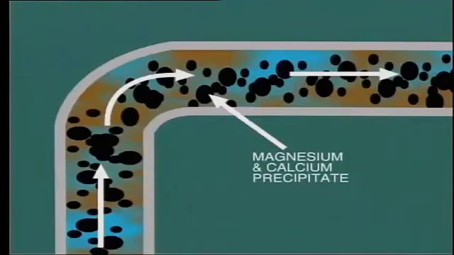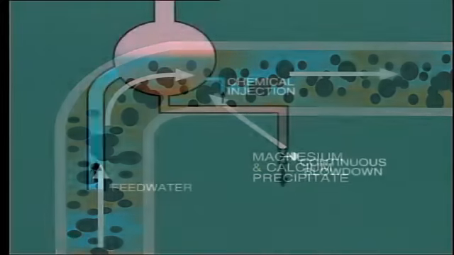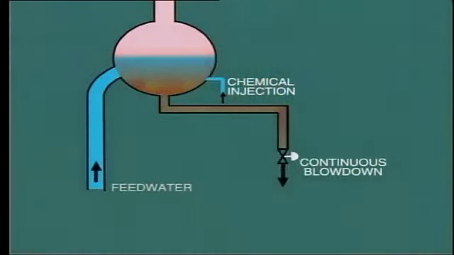Phosphate has the effect of keeping the magnesium and calcium precipitate in suspension by dispersing the solid particles throughout the water. The result then is that instead of forming a hard scale, the solids remain as a slurry to be discharged from the boiler through the continuous blowdown line.